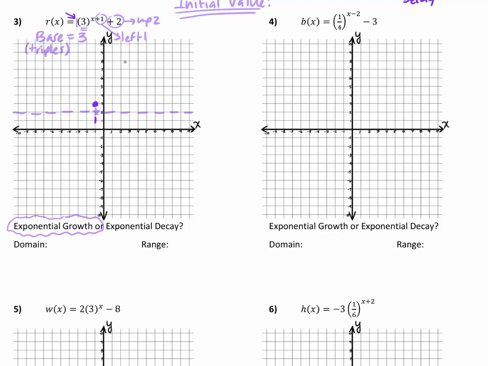It's a 1 boxer. So from this, I need to make sure I'm tripling. So I'm going to take 1, I'm going to multiply it by 3. Okay, and this is the trick. This is the pattern you can do so you don't have to go through an XY table. I wish I had known this when I was in high school. So from this asymptote, I'm going to jump 1, 2, 3 boxes. That is my next point.